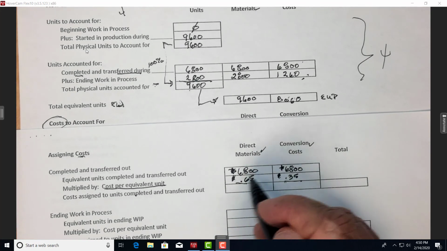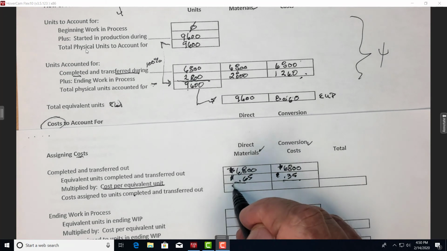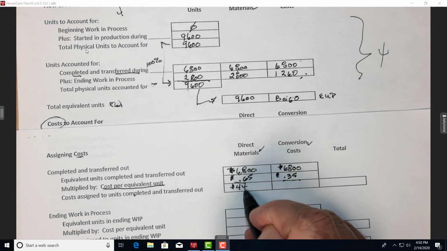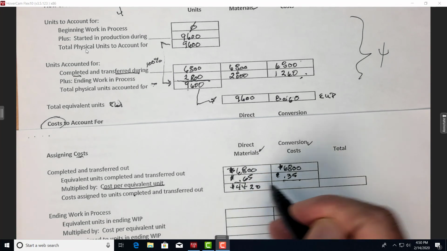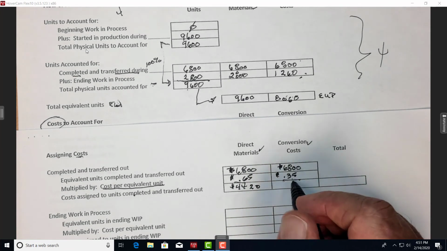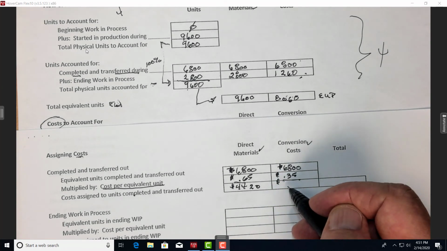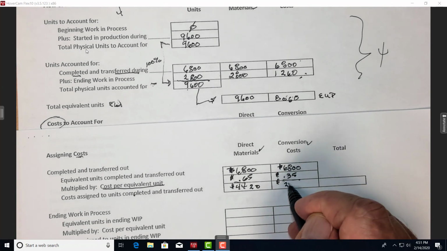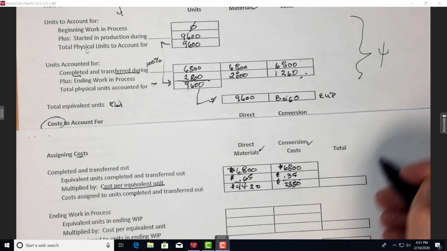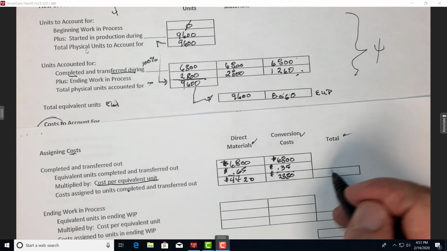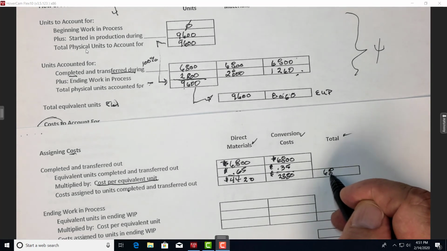That's going to be 4,420, and this is going to be 2,380, for a total of 6,800.